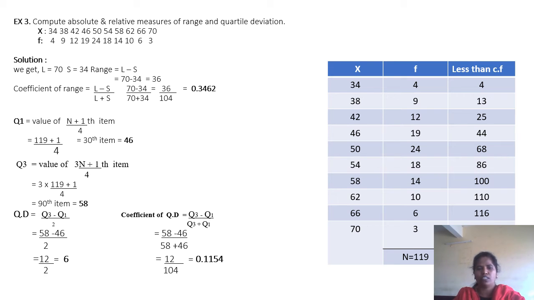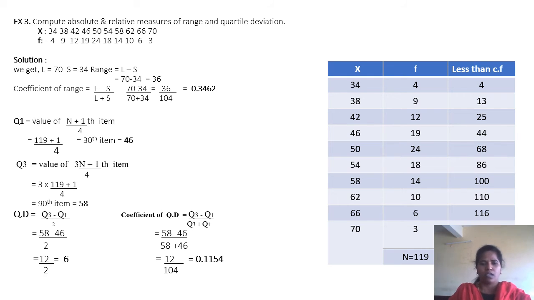After completing Q1 and Q3, find the quartile deviation: Q3 minus Q1 divided by 2. Q3 is 58, Q1 is 46, divided by 2, and the answer is 6. And last is the coefficient of quartile deviation, Q3 minus Q1 divided by Q3 plus Q1.